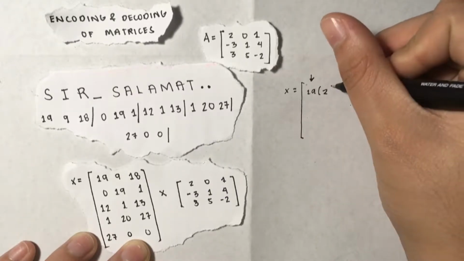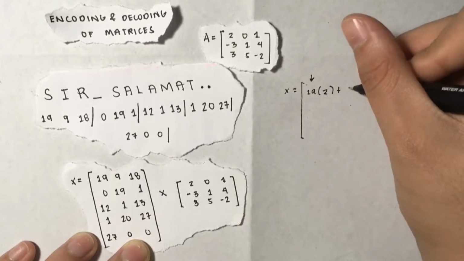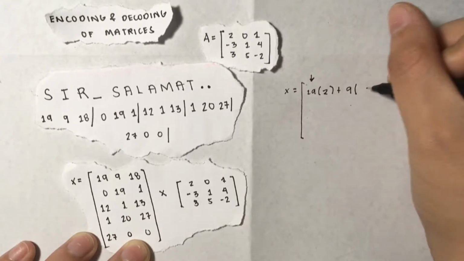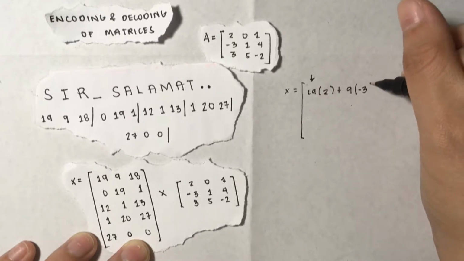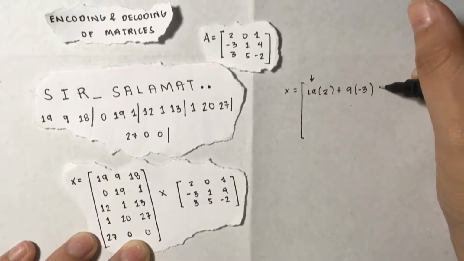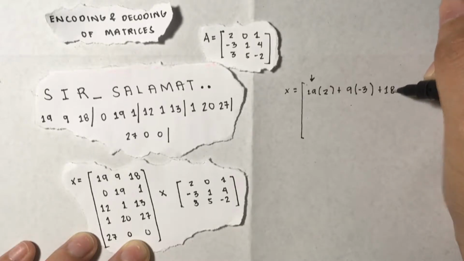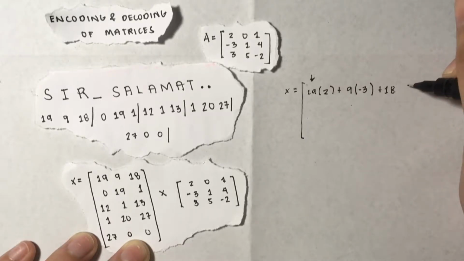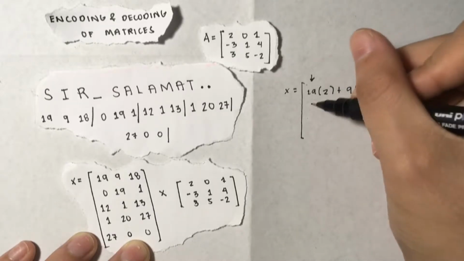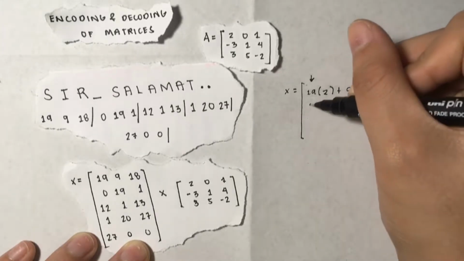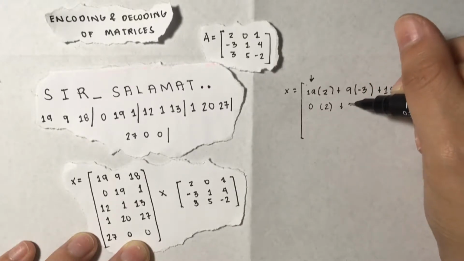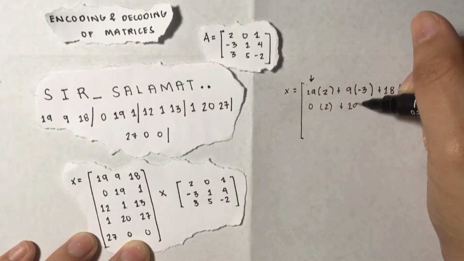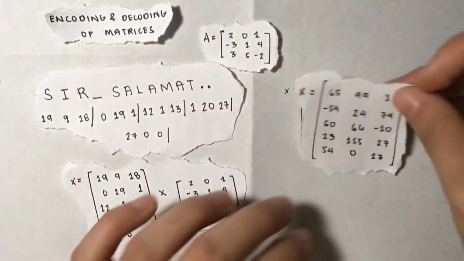When we proceed to the second column of our encoded message, we will again use each row of the first matrix, but this time multiplying by the values of the second column found in the encoding matrix. So we'll just continue that until we finish all the values found in the first column.